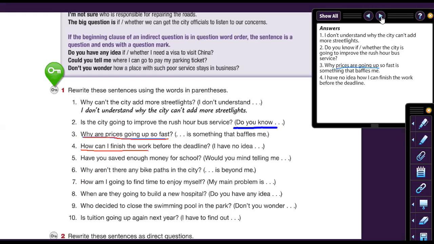Would you mind telling me if you have saved enough money for school? Exactly. So this is a yes/no question. We use if. Would you mind telling me if or whether you have saved enough money for school? Correct.